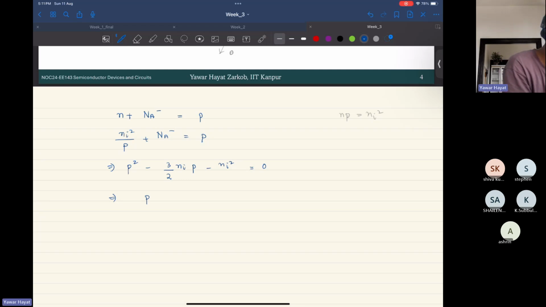So the solution is given by the high school formula. P is equal to minus this coefficient, right? I'm assuming all of you know this, it is pretty trivial. 3 by 2 Ni plus the square root of, I will only take the plus sign because the minus actually won't be physical. You can just check that out.